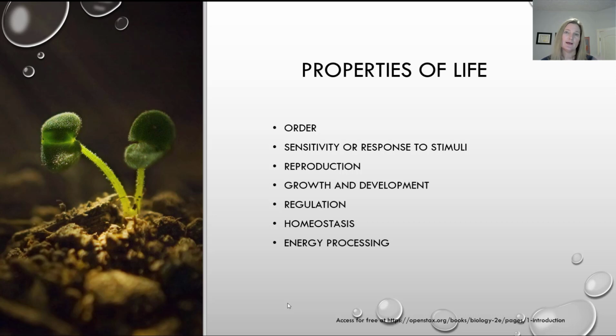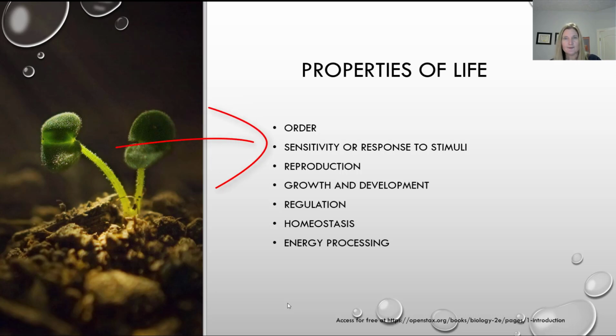In our OpenStax Biology 2E textbook, we are focusing on what we consider 7 properties of life. Just recognize not all textbooks have these 7 exactly. They might have more or less, or combine some together. So in our textbook, we have order as a property of life, and I'll go into detail what that means in just a second.